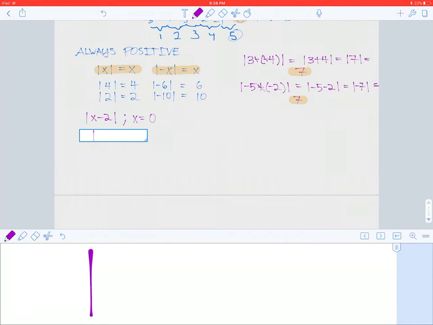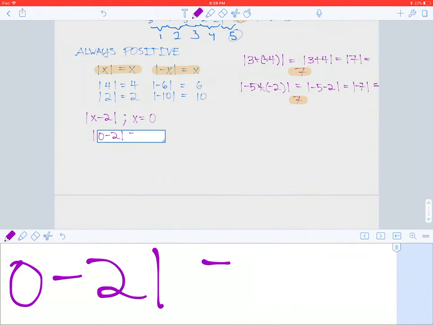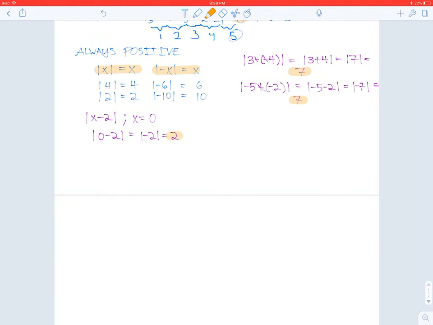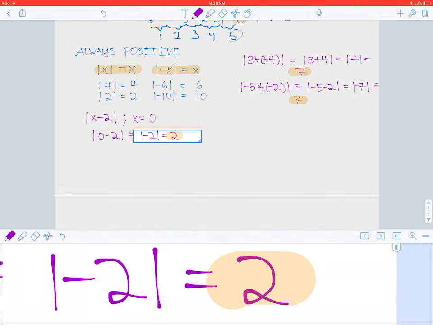In the last section, we learned how to evaluate these expressions. So we just replace x with 0, we substitute. 0 minus 2 is negative 2, so the absolute value of negative 2 is 2, because the absolute value of a negative integer is its positive opposite. So that's a way to evaluate it. Hopefully you can understand how to do that by now.